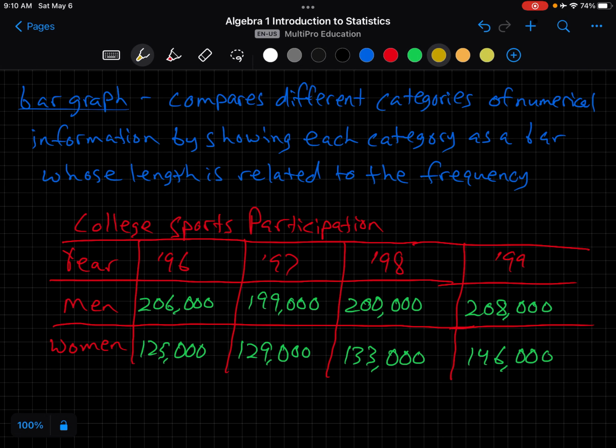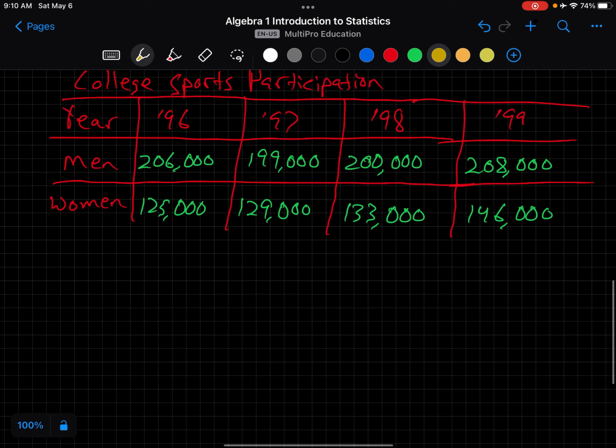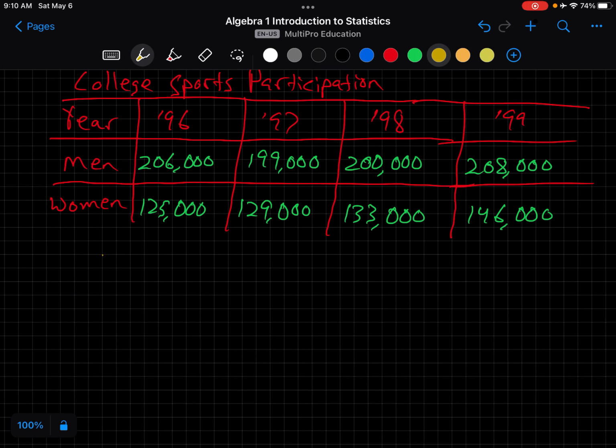Alright, so we want to represent this information with a bar graph. So let's do that. We've got our vertical and horizontal axes. And on the left, we want to have the number of participants.